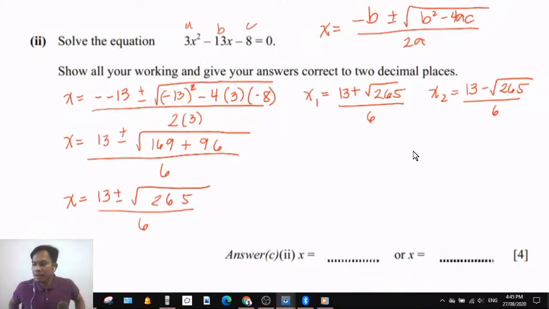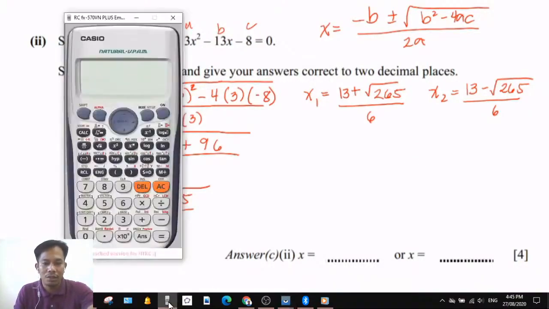I have this x sub 1 is equal to 13 plus square root of 265 over 6, and x sub 2 is equal to 13 minus the square root of 265 over 6. I'll just use my calculator. Okay, I have 13 plus square root of 265 divided by 6.